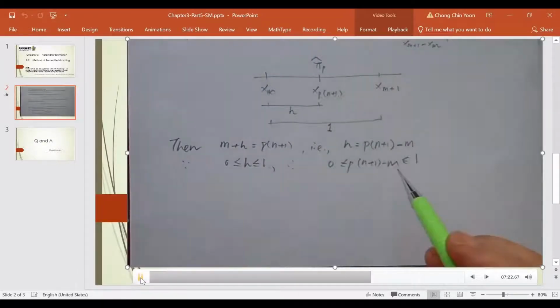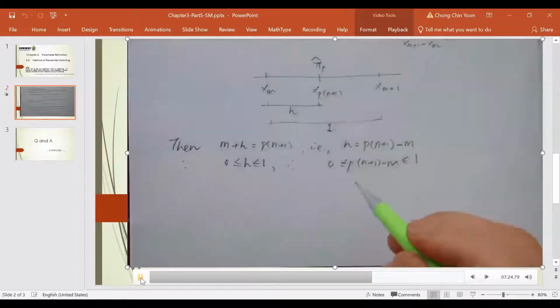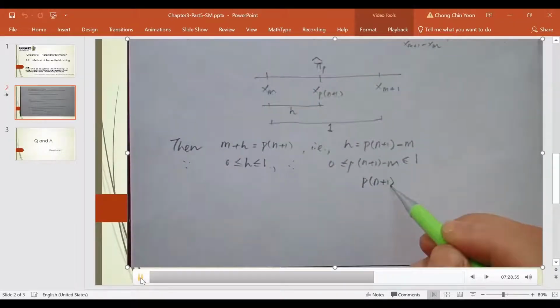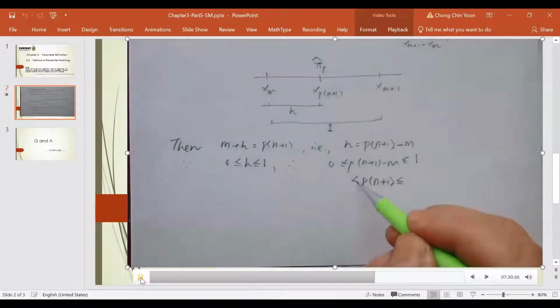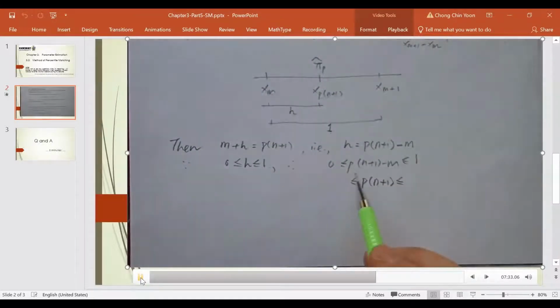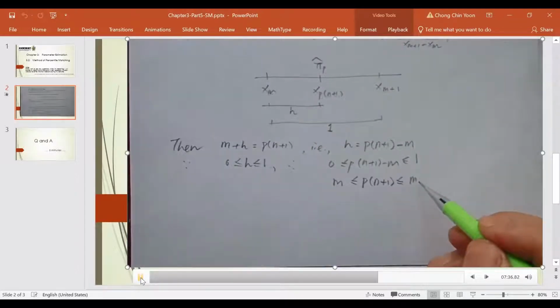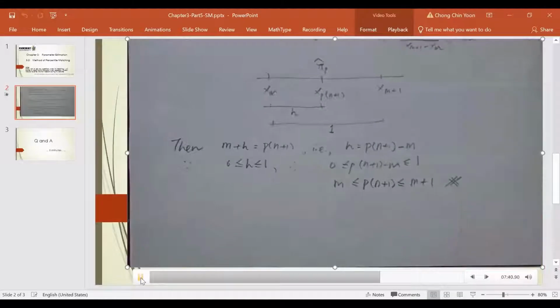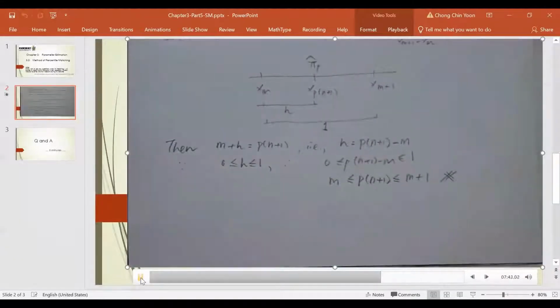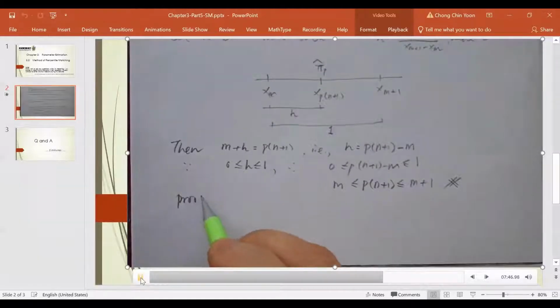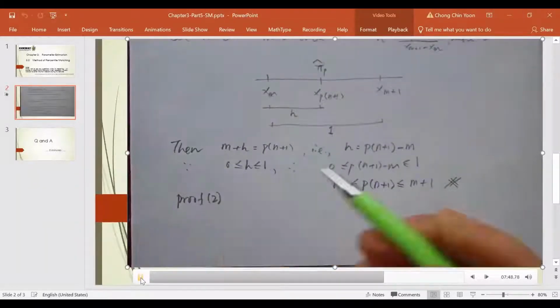And if we rearrange, then we will have this probability multiplied by n plus 1, then we will have the lower bound, which is m, and the upper bound, which is m plus 1. So we prove the first result. Now let's go to the proof of result 2.